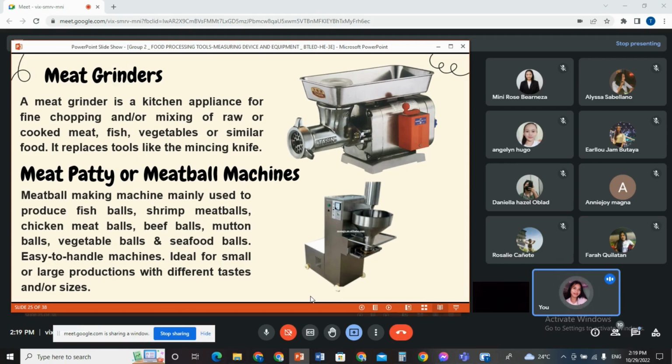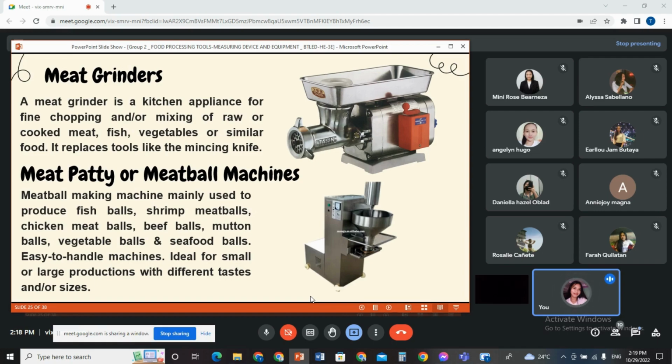Next, we have meat patty or meatball machines. Meatball making machine mainly used to produce fish balls, shrimp meatballs, chicken meatballs, beef balls, mutton balls, vegetable balls, and seafood balls. Easy to handle machines. Ideal for small or large production with different tastes and or sizes.